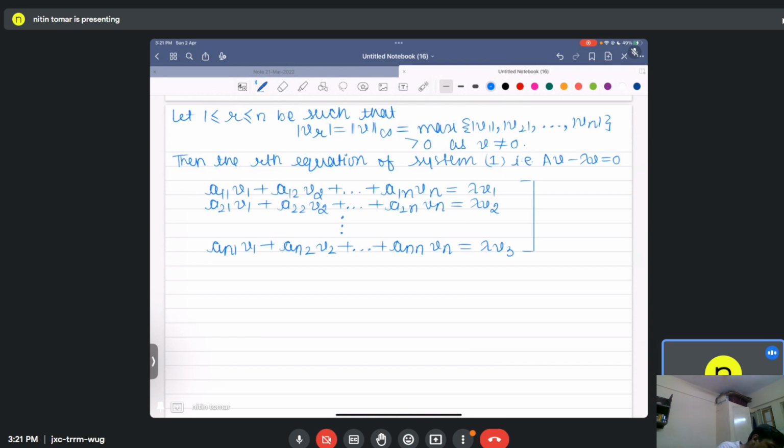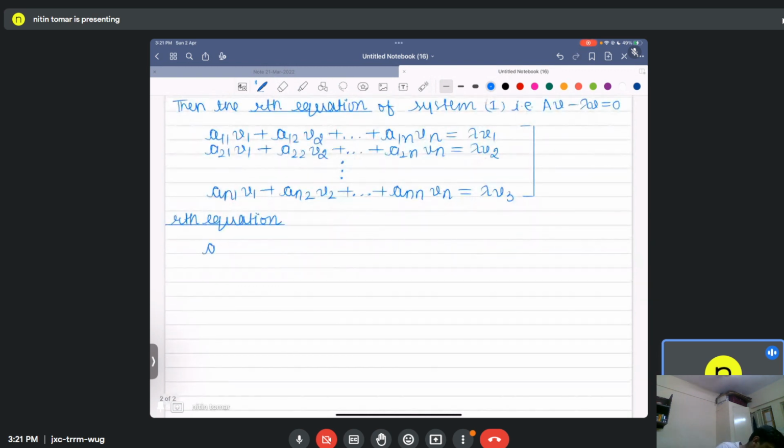So the rth equation, what is the rth equation? The rth equation will be AR1 V1 plus AR2 V2.